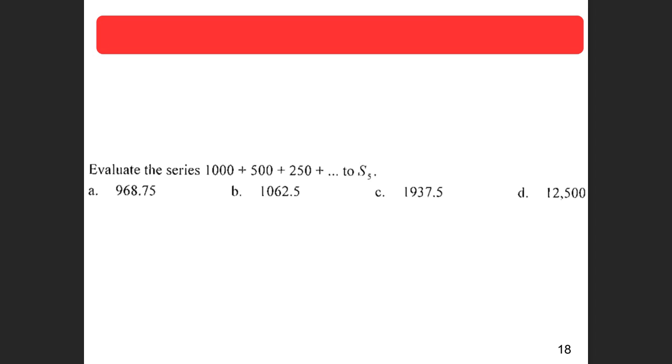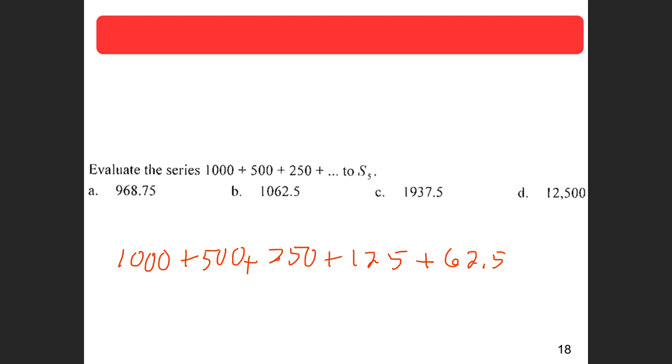Evaluate the series S of 5. Now, I probably would not use the formula for this one. It's only asking me to add up 5 terms, and they already gave me 3 of them. So I'm just going to do it this way: 1,000 plus 500 plus 250 plus, what is half of that? 125 plus, 62.5, I believe.